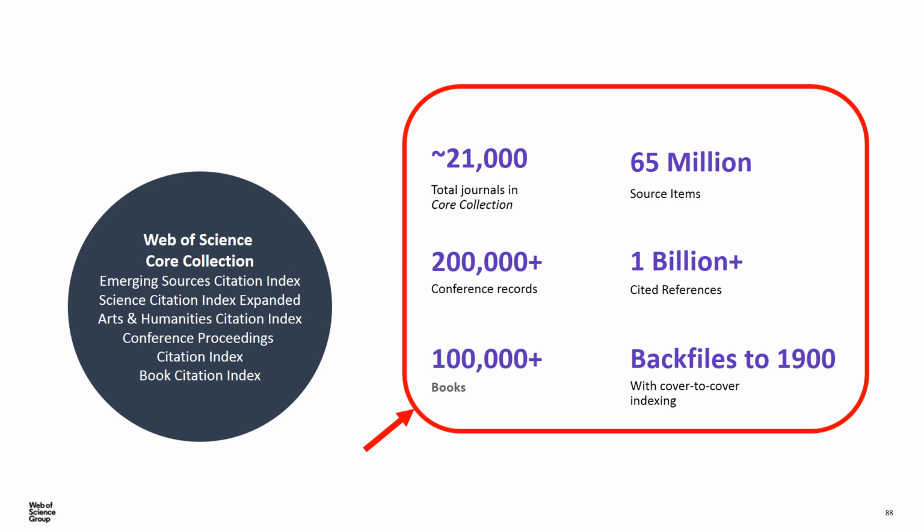It is a rich collection of citation indexes representing the citation connections between scholarly research articles found in the most globally significant journals, books, and proceedings in the sciences, social sciences, and arts and humanities.